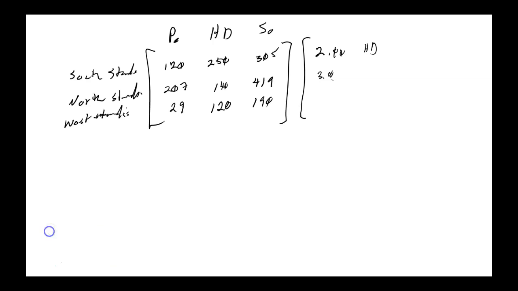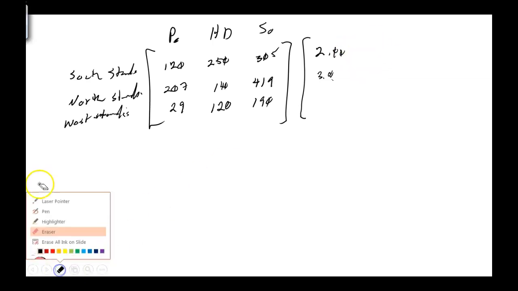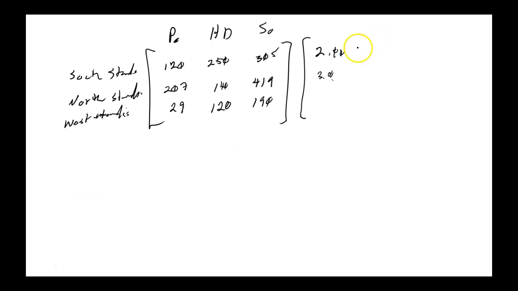Okay, sorry, I knew I dropped a line in my vision there. This is the peanuts. I'll put PM for peanuts. $3 for the hot dogs and $2.75 for the sodas. Okay.